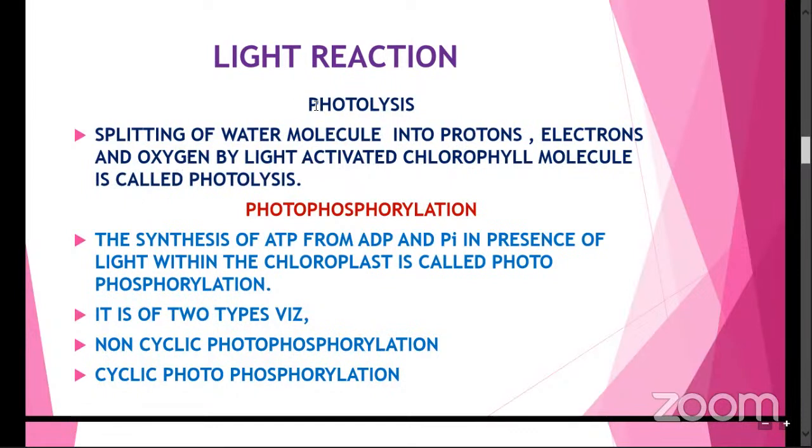Initially, in photolysis, H2O splits into H plus and OH minus, and OH minus further splits into oxygen and protons.